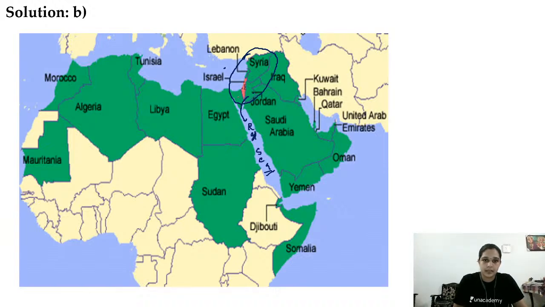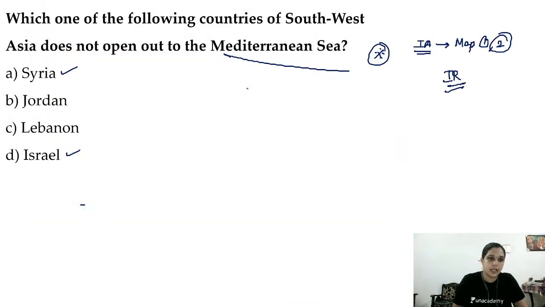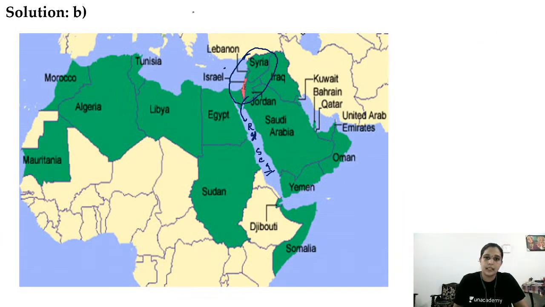See this, so Israel is in between. So the answer is Jordan. Unless you have seen the map at least once, because that year it was a current affair. Israel was in current affairs, Syria was in current affairs, and Lebanon was in current affairs. So you should definitely know whether it is opening into the Mediterranean Sea or which sea. Clear? Yes.